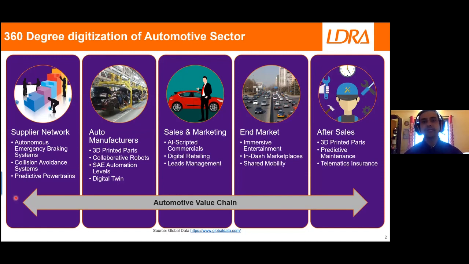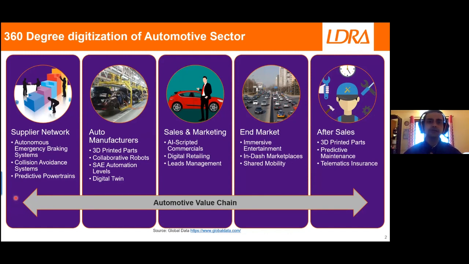It's a new sales approach as digitization takes place. Or in after sales, a lot of 3D printed parts and predictive maintenance are taking place. In fact, systems are going to be built in such a way that they automatically indicate that a particular part or system is due for maintenance, so let's go to the service station and maintain it.